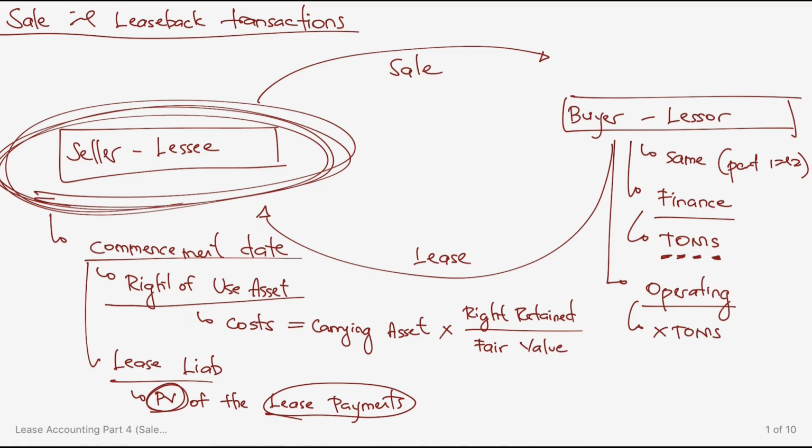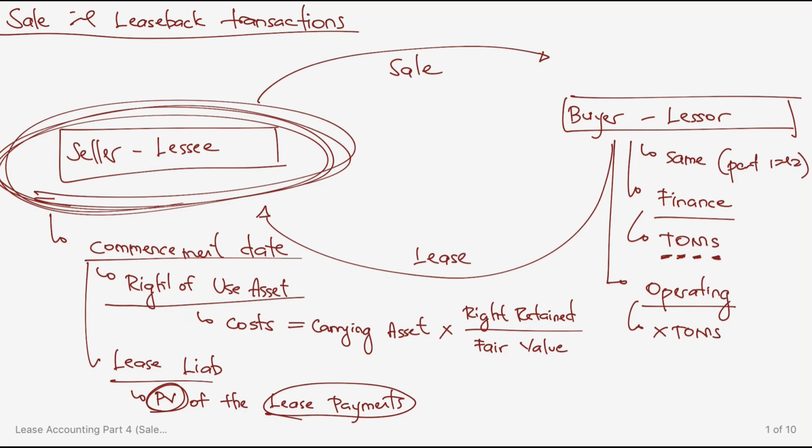Okay? So, sir, ibig bang sabihin yan, hindi na po ito yung initial measurement ng lease liability plus initial direct cost, plus lease bonus, minus lease incentive, and then plus dismantling cost? Hindi na po ba ganun? Hindi na ganun. This time, hindi naman galing kay lessor yung asset, galing sa'yo to eh.